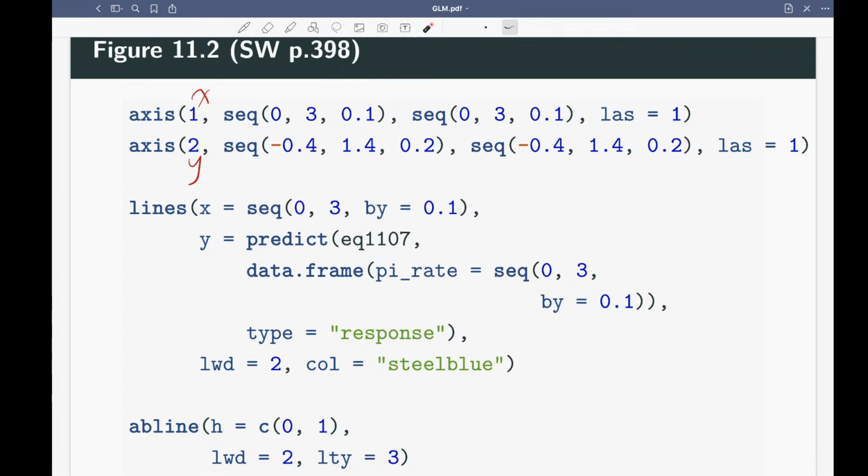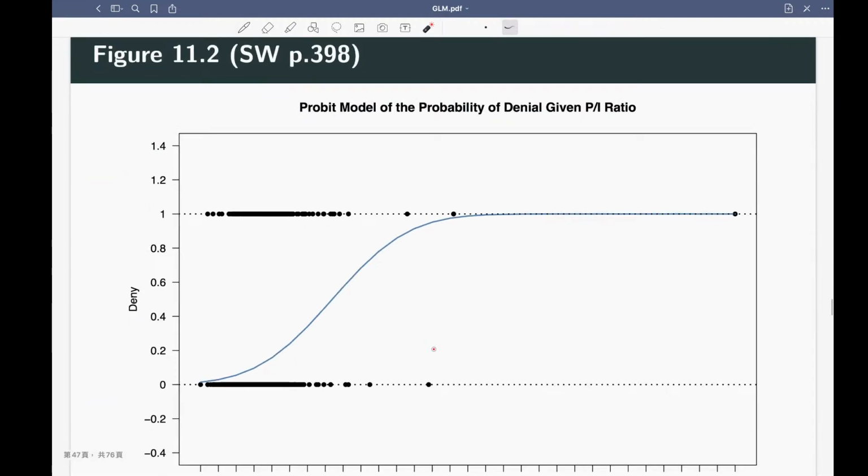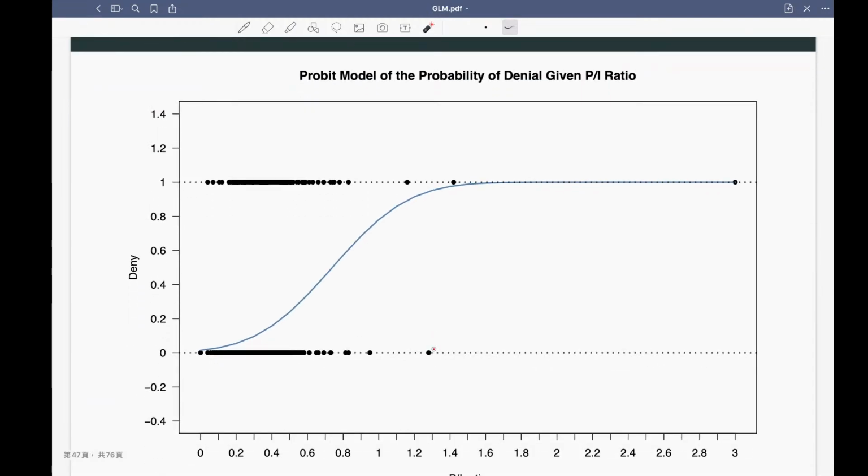Okay, and we should choose the type response because we want to have the expected prediction for our output, not the x beta. I want to have the G of x beta result. So we can have this result like this plot.